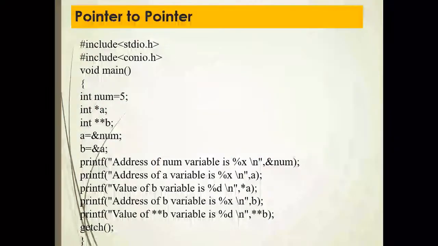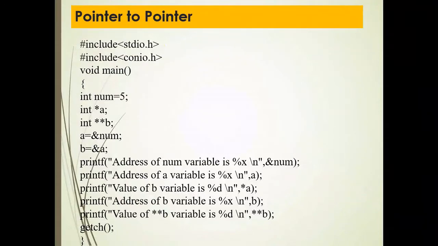So in this example, just as I showed you the diagram, I have written a program here. So num is equal to 5. There are two variables a and b. A is a pointer variable and b is a pointer to pointer variable.